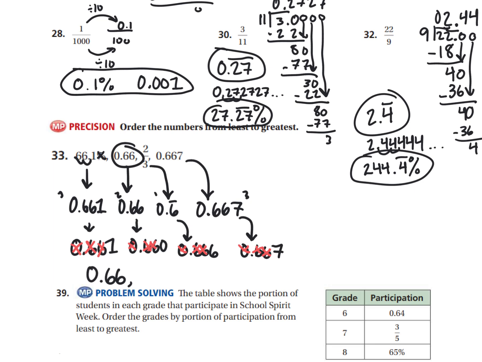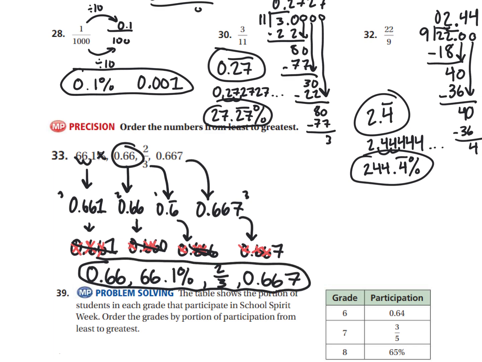Okay, so this one's all good. The next one, lowest, was with a 1, which went with 66.1%. Then out of these two, 6 is smaller than 7, so we're going to write 2/3 next. And then finally we have 0.667. All right, and right there is going to be my answer.